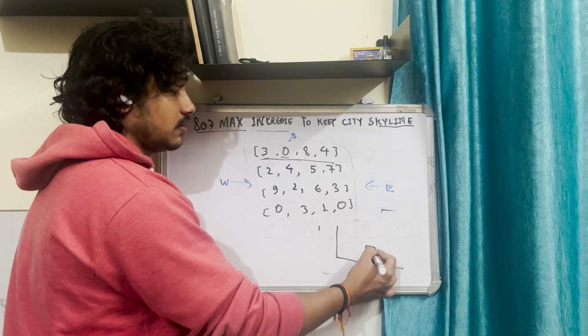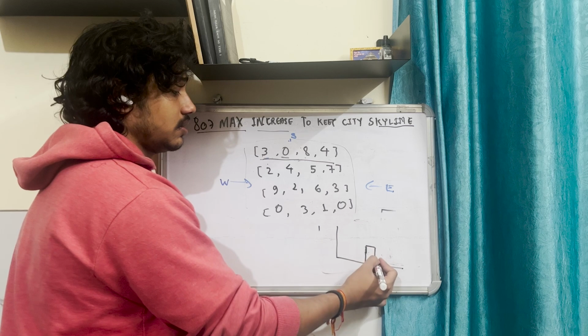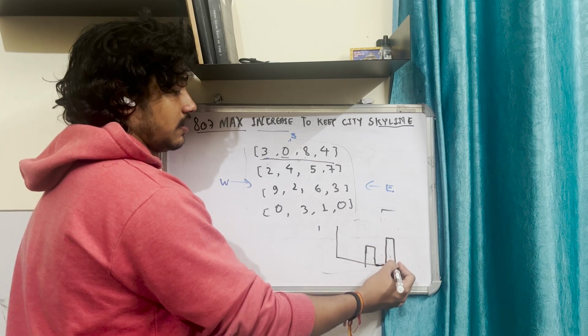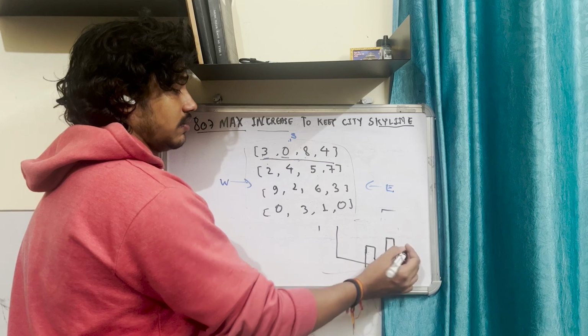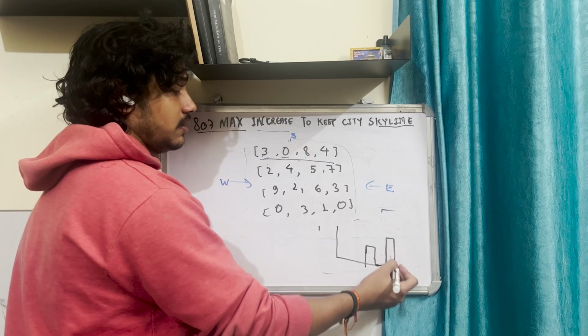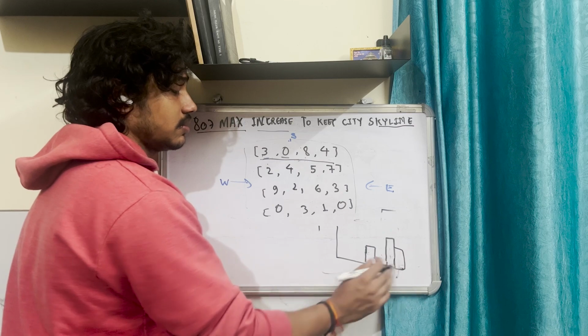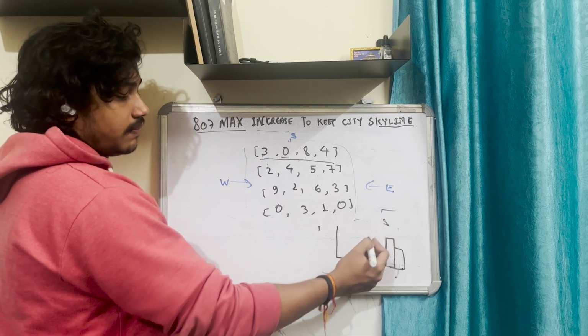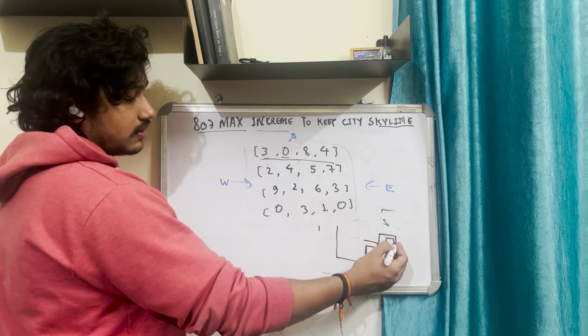Let us suppose this is your 3, this is your 0, this is your 8, this is your 4. Let us suppose it's not equal, but if we are looking from this side, this is your skyline.